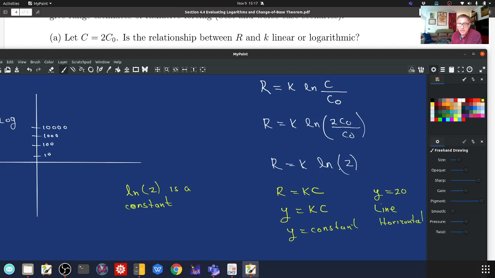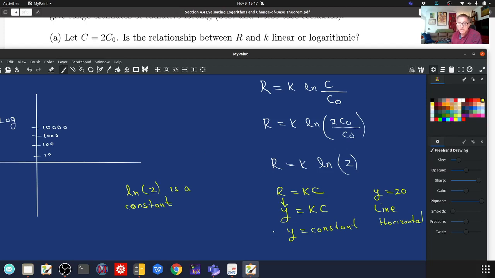So this is linear. Why? Because K is a constant, and it's not a variable. We don't know what it is, but it's some constant. And the natural log of 2 is another constant. And I'm treating my R as my dependent variable. That's the reason I related it to y.